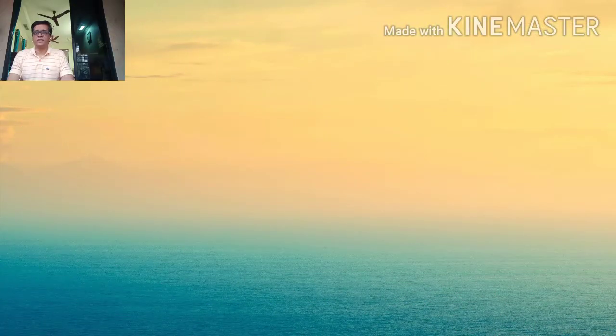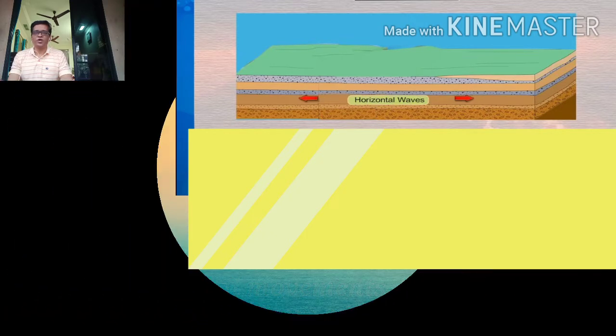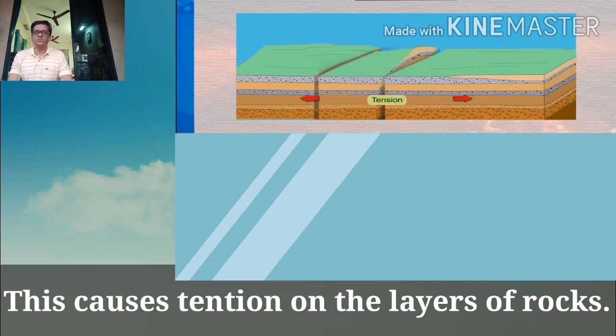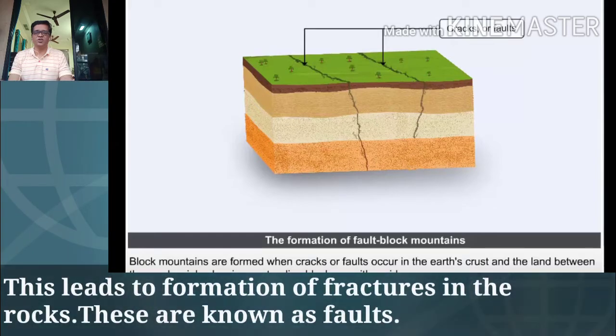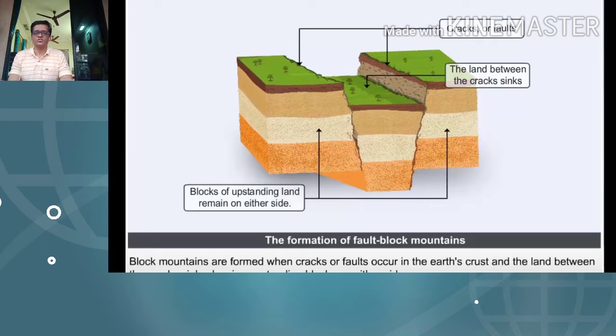From this activity, we will see how block mountains are formed because of internal movements, horizontal waves moving away from each other. This causes tension on the layers of rocks. This leads to formation of fractures in the rocks. These are known as faults.